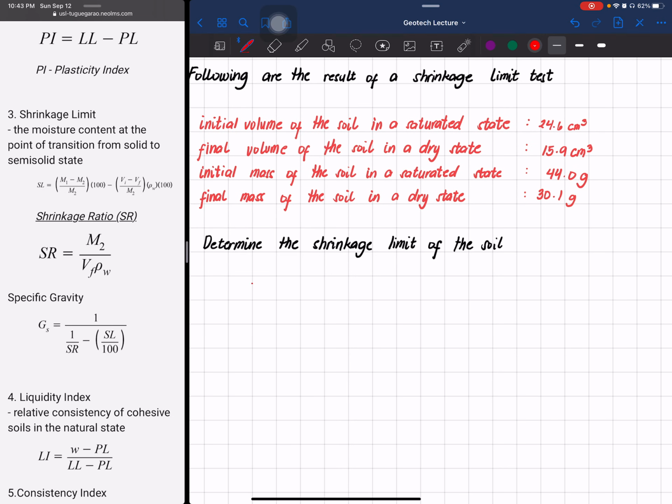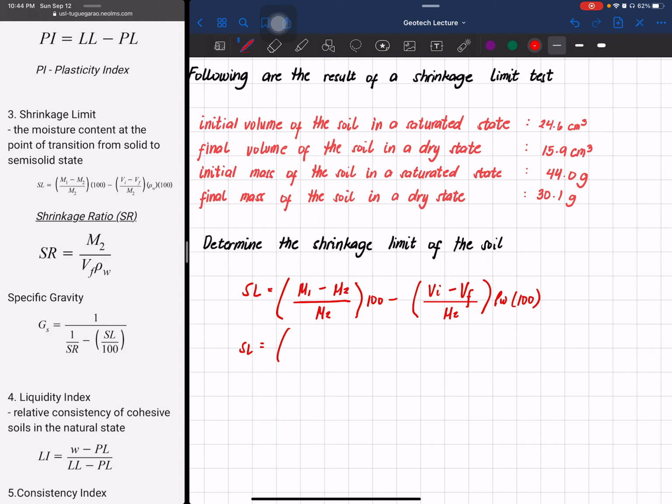Okay, so I'm gonna write the formula here, which is equal to M1 minus M2 all over M2 multiplied by 100 minus initial volume minus final volume all over M2 multiplied by density of water multiplied by 100. Ayan. So, direct substitute na natin siya.